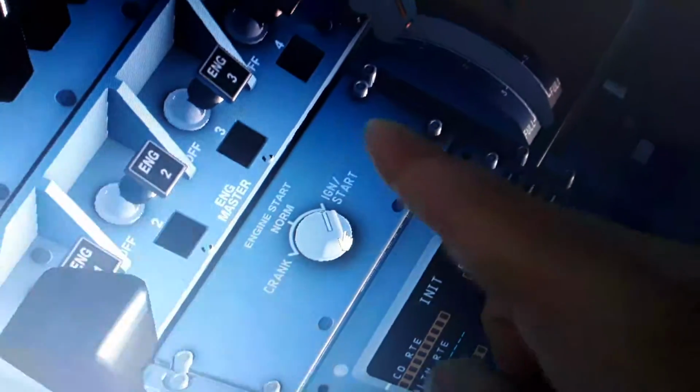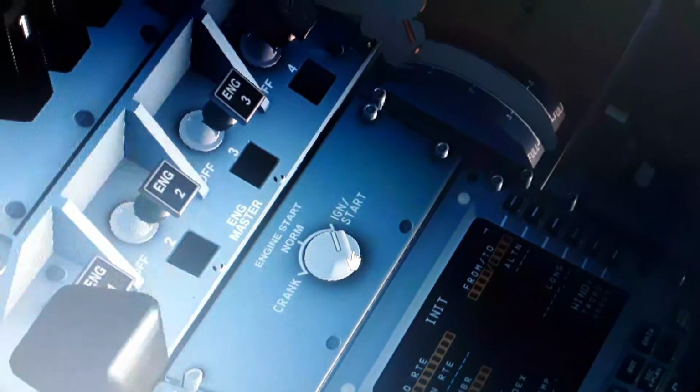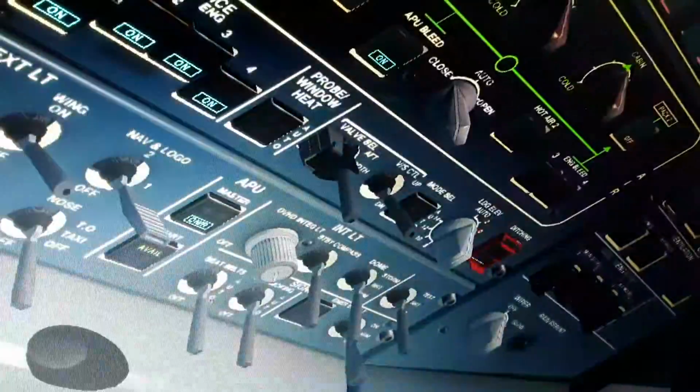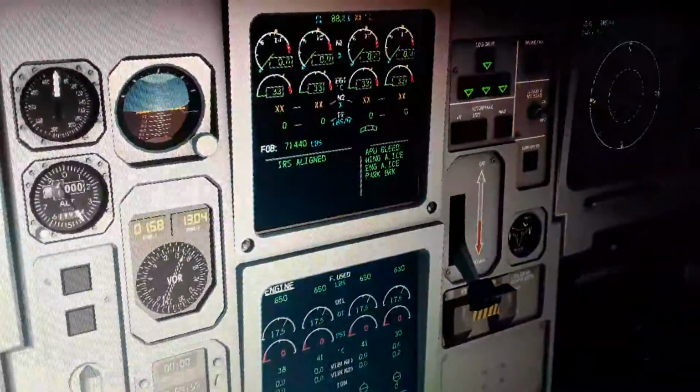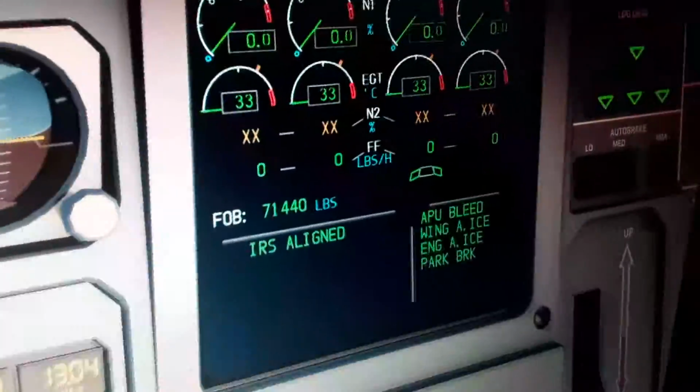So I'm going to turn on the engine start selector in the ignition start here. You can see this turns the packs off automatically, and also activates the engine start, if I remember well, the engine starter initiates the engine starting, by compressing the engines through the bleed air.